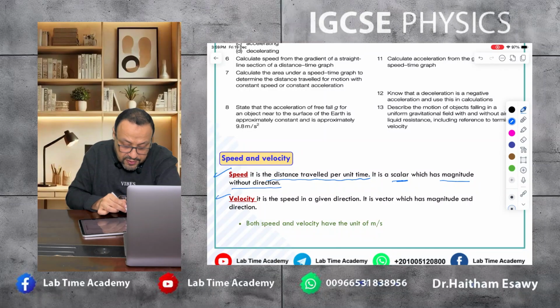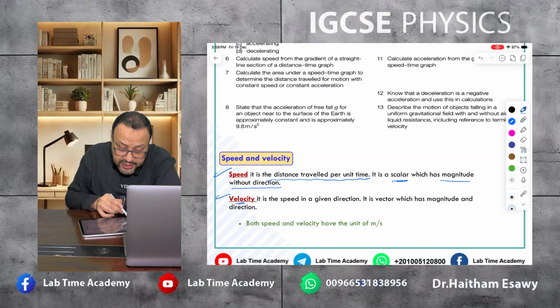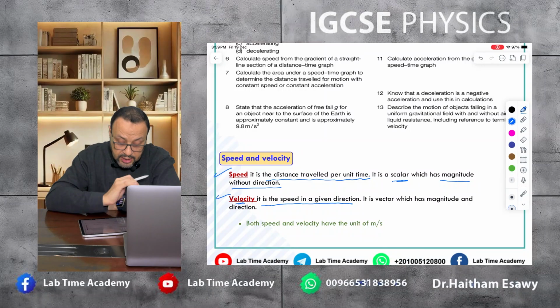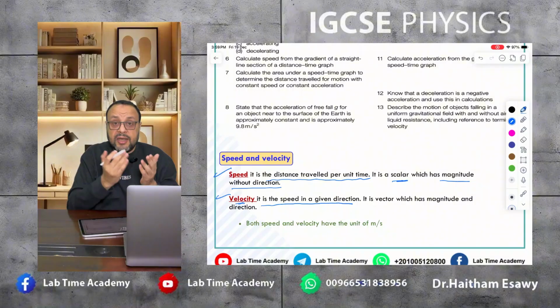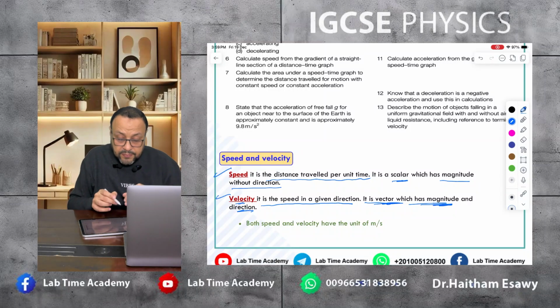The second thing is velocity. What is the accepted definition for velocity? Velocity is the speed in a given direction. Take care about the new syllabus. And as I said, it's a vector quantity that has magnitude and direction.